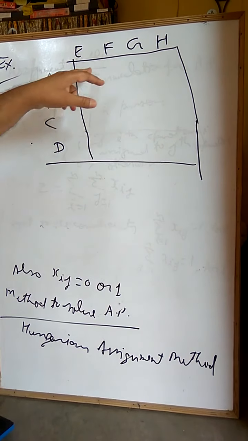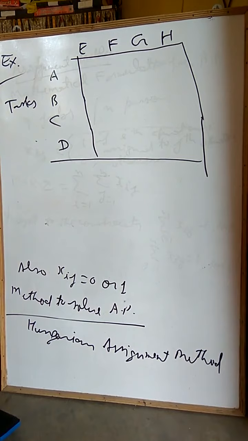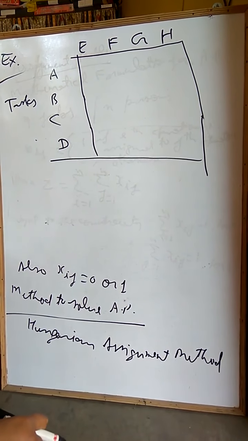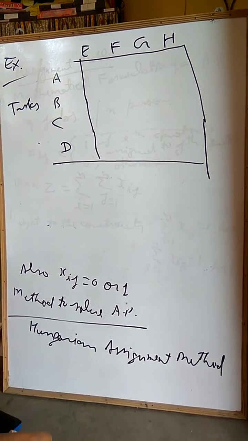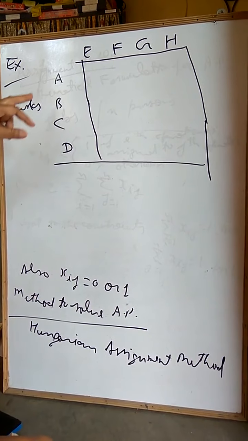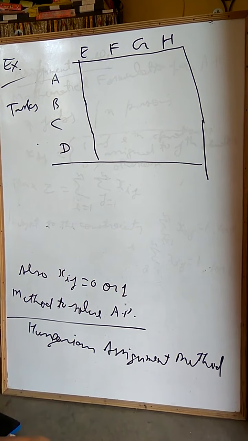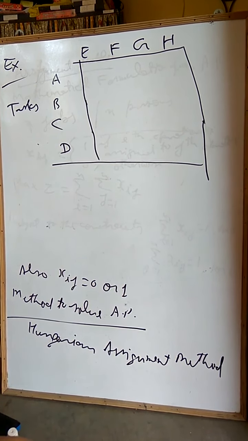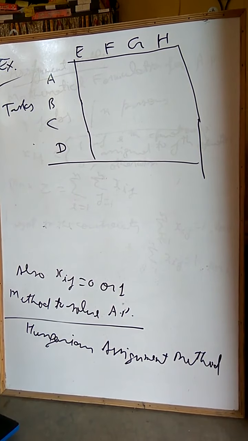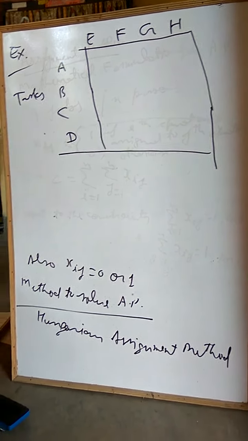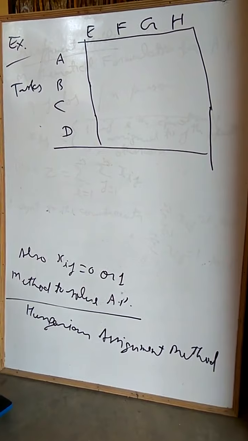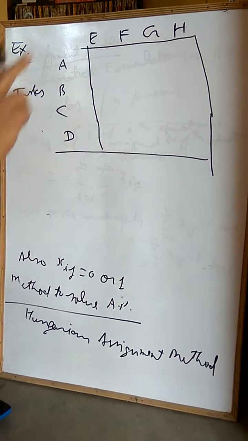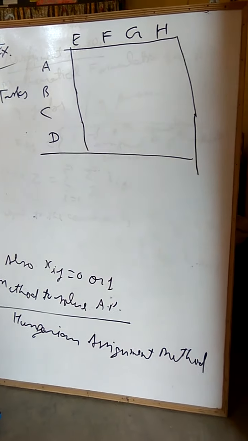Obviously, the persons vary in their efficiency of work. Simultaneously, the tasks A, B, C, and D vary in their difficulty level.